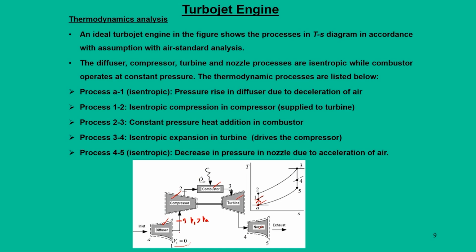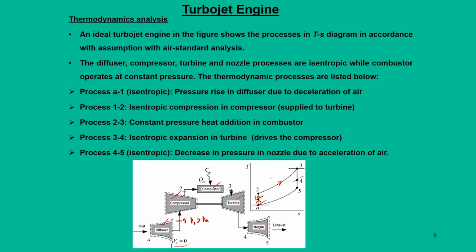So, after the diffuser, air enters the compressor, and thereby the compressor load is also decreased. So, the 1 to 2 process now becomes the compression process. 2 to 3 is your combustion process, in which we have constant pressure heat addition.